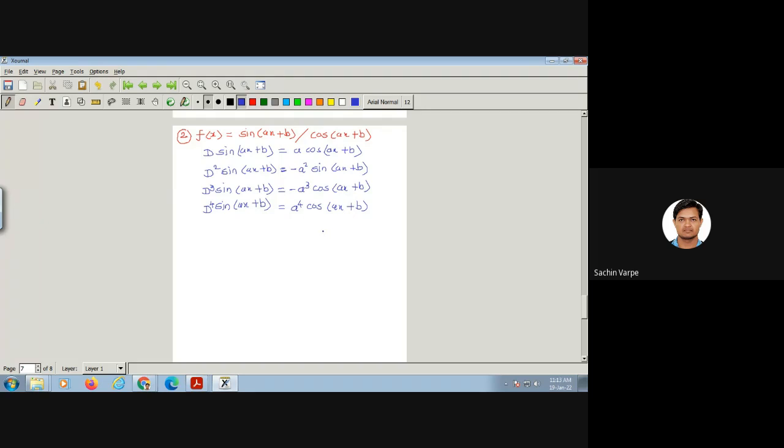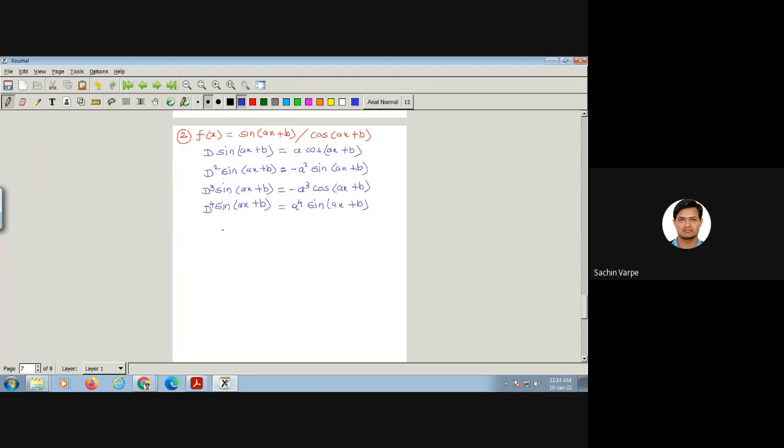Is this clear to everyone so far? So, a raised to 4 sine, sorry, sine it is. That will be sine. So I'll write for this also minus a cube into minus 1. So minus minus plus a raised to 4 sine of ax plus b.